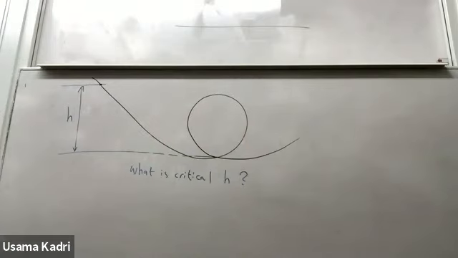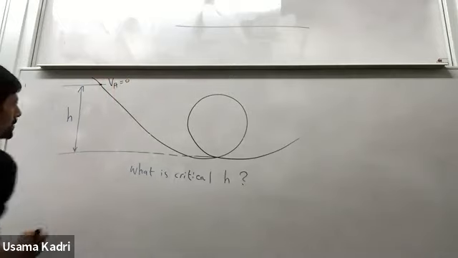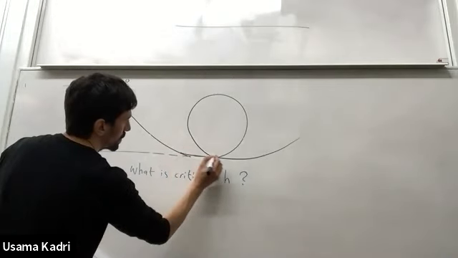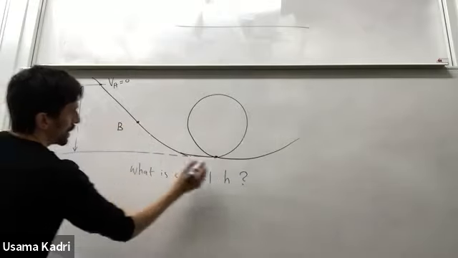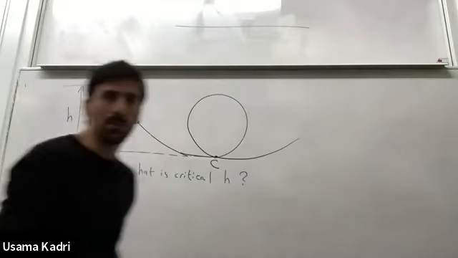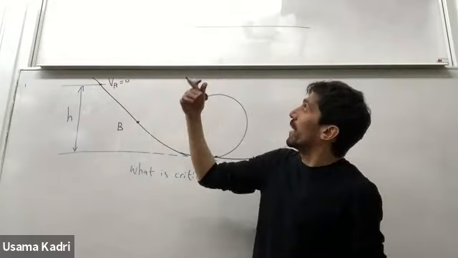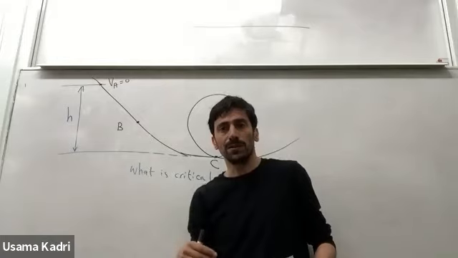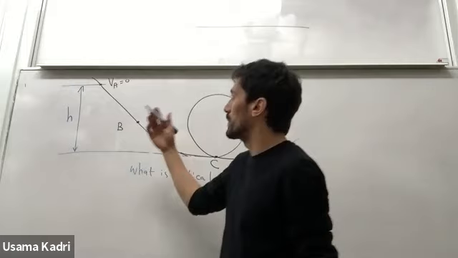You know that the velocity here is 0. Let's call this point B. Let's call this point C. At point B, you have some velocity. Why? Because, think in terms of the mechanical energy now, you've lost some of your potential in favor of the kinetic energy. But together, they would be conserved.